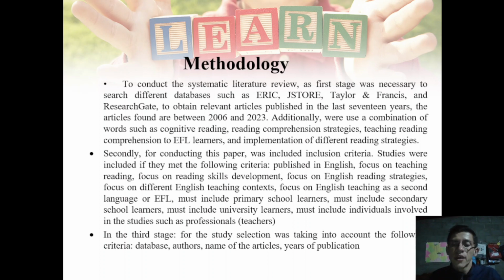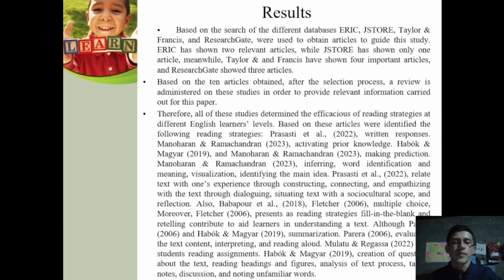articles, years of publication. As a result, based on the research of the different databases that I already mentioned, to obtain different important and relevant articles, and based on the 10 articles obtained after the selection process, a review was administered.